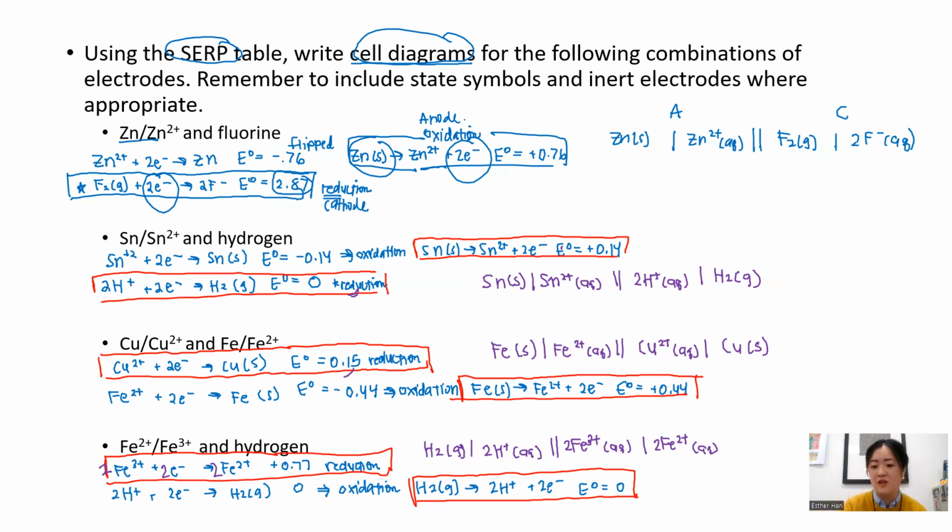Remember, this is our standard state, so that's still 0, but we flip everything. Another thing to note too is the coefficient changes. I need 2 electrons lost and I need 2 electrons gained, right? So which is why I introduced a 2 in front of this iron reaction that was occurring over here to make sure that we have 2 electrons that are getting transferred.